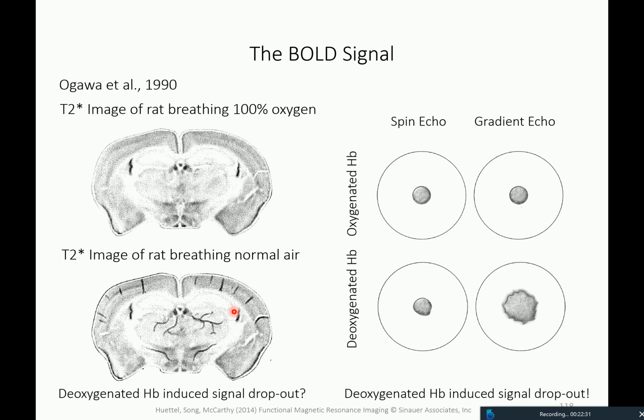And they essentially validated that it's really the deoxygenated hemoglobin by also doing in vitro experiments with gradient echo sequences, so they compared different sequences, but they used a specific kind of sequence, gradient echo, where they again saw the signal dropout for the deoxygenated hemoglobin.